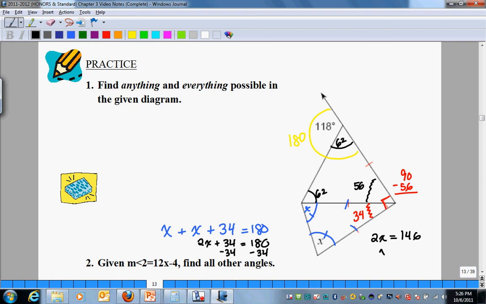Of course, you divide by 2 and you get 73 degrees. So this is 73 and this is 73. Now we found every single angle in the triangle.